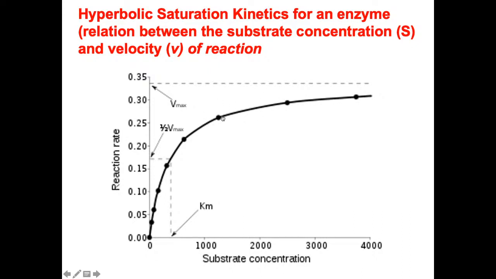However much you keep increasing the substrate concentration, the reaction rate will not increase. The half-speed point, half Vmax, is equivalent to the Michaelis-Menten constant. When it reaches the top, that is your Vmax. And remember, the substrate concentration will never reach the Vmax point; it will be somewhere lower.